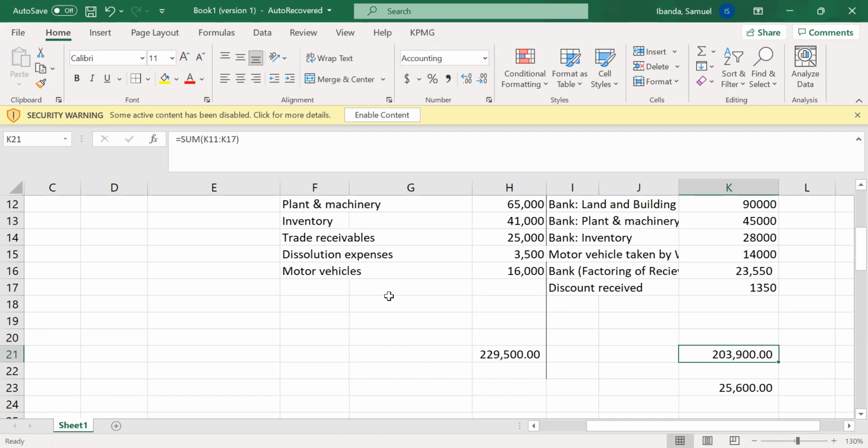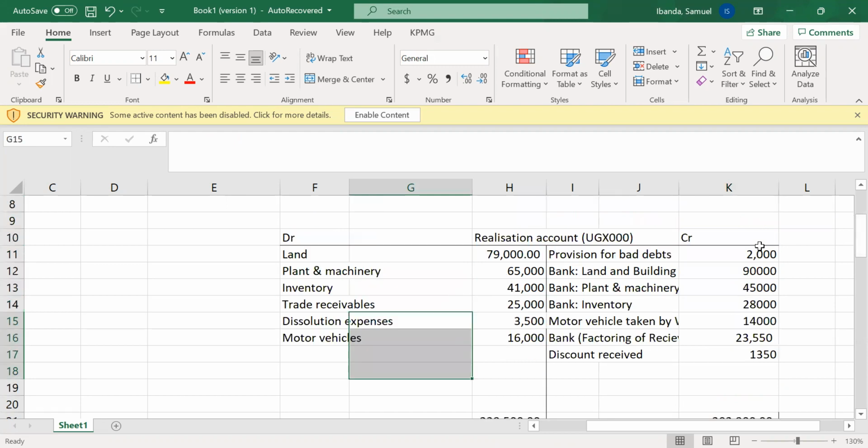It is a profit if this side was higher than this side. Why? Because whatever we sold, these were the proceeds. If the proceeds are higher than the actual value of the assets, then you have a profit. But if the proceeds are lower than the value of your assets, then you'll have a loss.